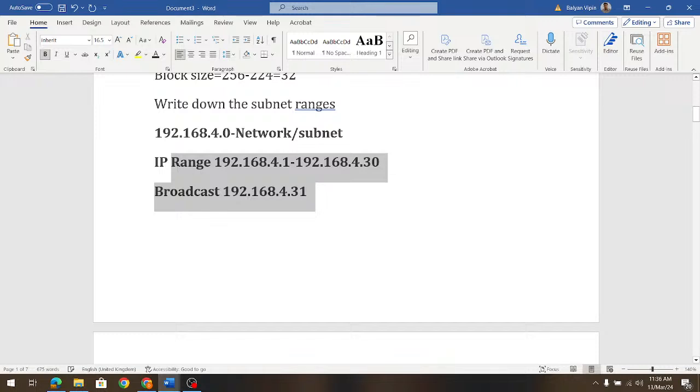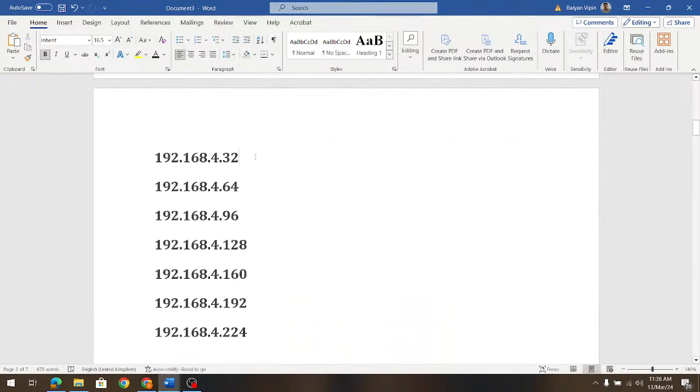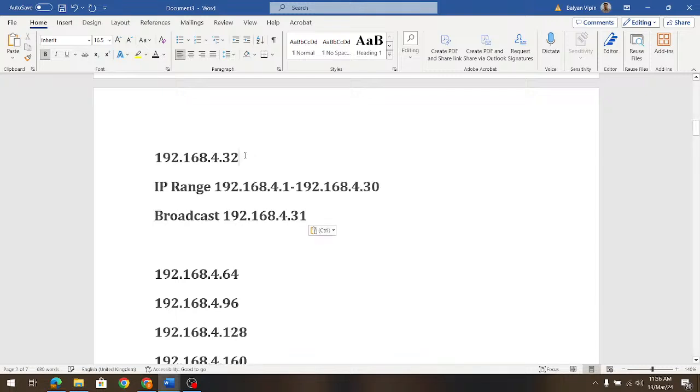In a similar way, when you do the IP and subnet range of this one, it will be your network or subnet address, and then it is 33, and this one goes to 63, and this will be 64.